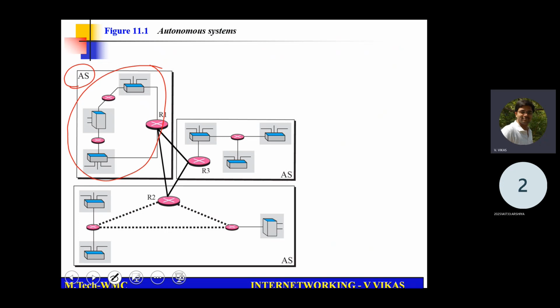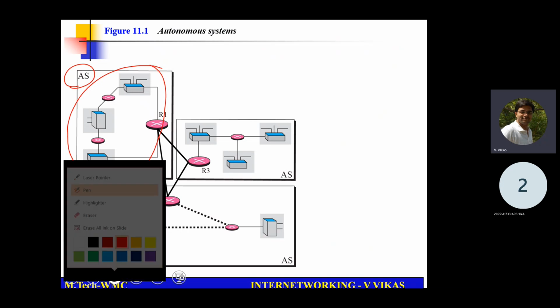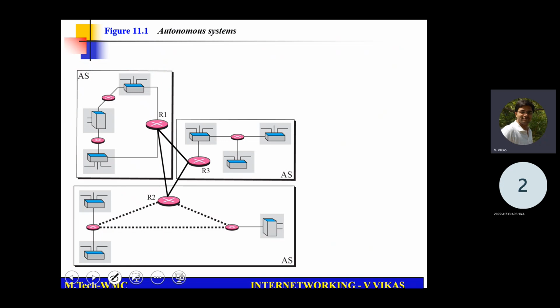So like that, we have this autonomous system, another autonomous system here, and another here. Whenever we want to work within an autonomous system, we will use one set of routing protocols. Whenever we want to communicate between autonomous systems, we will have another set of routing protocols.